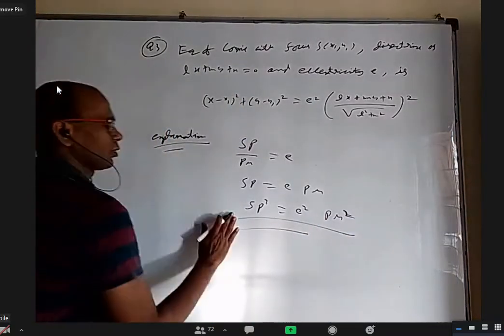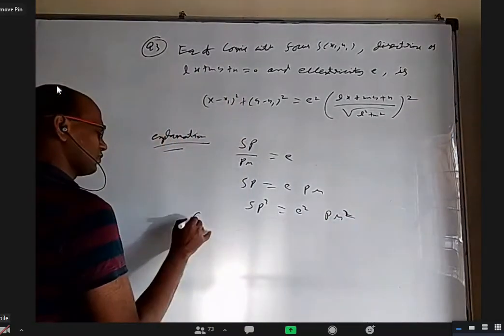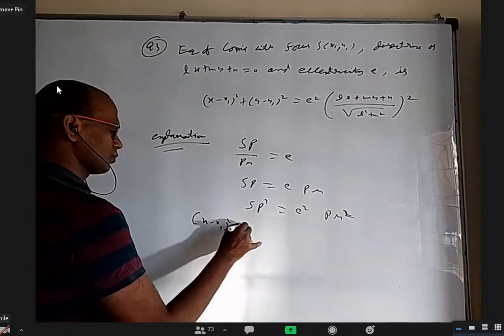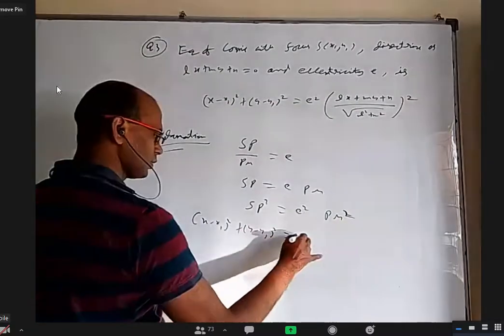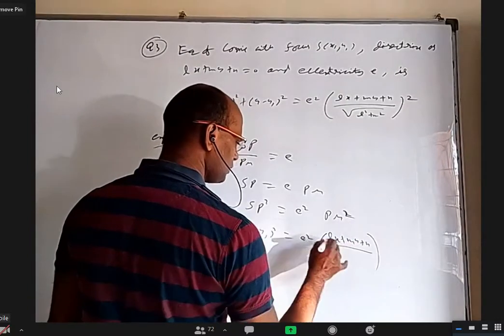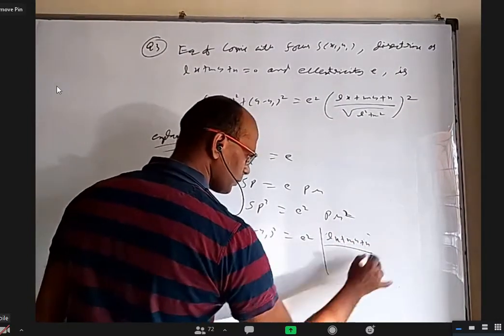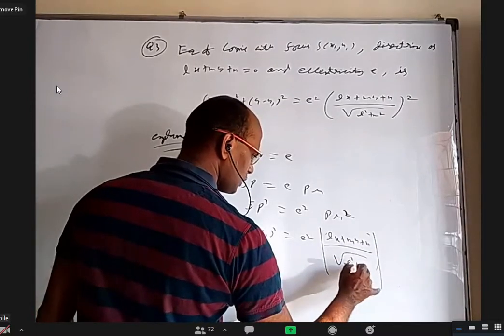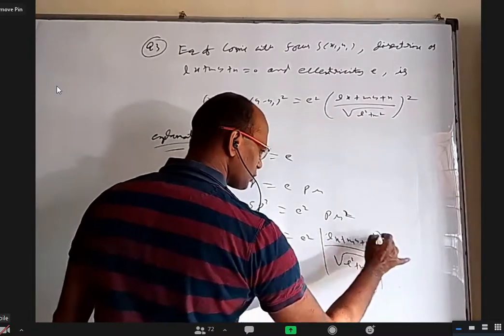And that SP square is x minus x1 whole square plus y minus y1 whole square. PM square is Lx plus my plus n with a mod, by root L square plus m square, whole square.